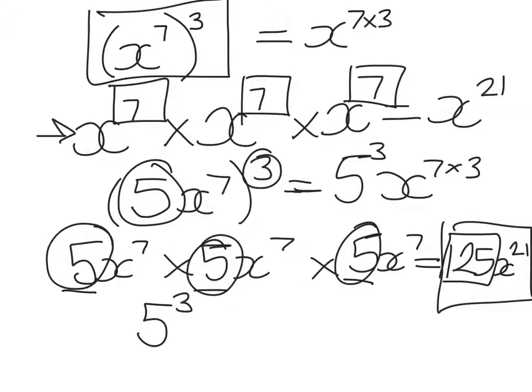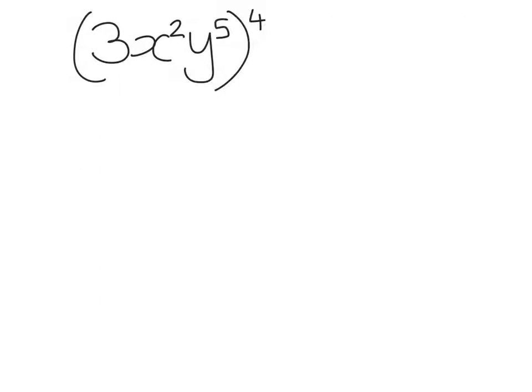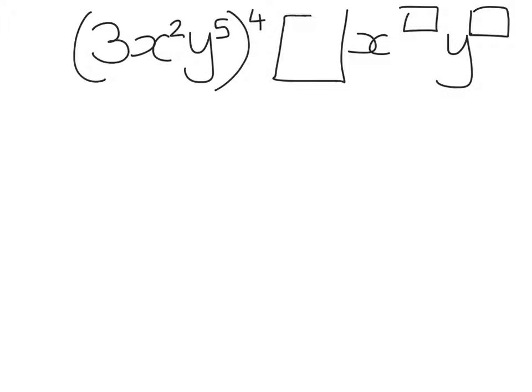Let's look at another example. Let's say you're asked to do 3x squared y to the 5, all to the power of 4. Well, you might be able to guess what you think it is. Let's have a think. We're going to have x's with a number, y's with a number, and you're also going to have a coefficient here.